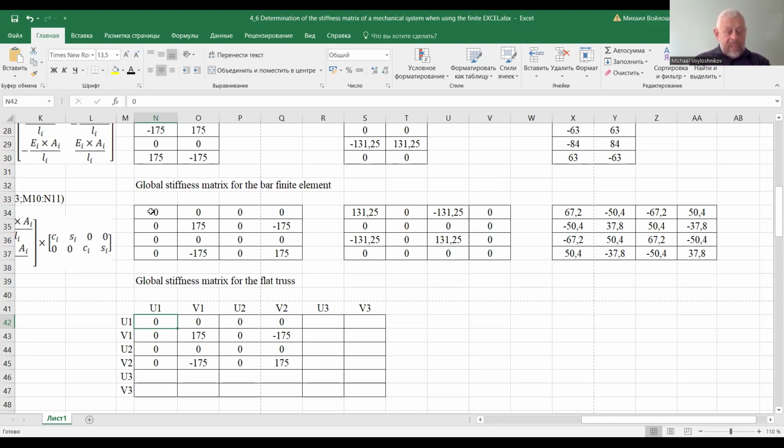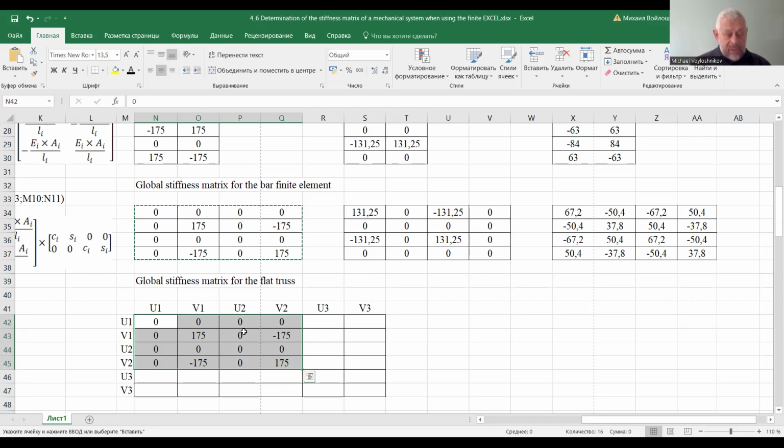And to do that, we can copy this matrix with Control C, and next we can select the range for inserting this matrix into the global stiffness matrix. For the flat truss, the range is indicated here for the first and the second nodes, because the first finite element is between the first and the second node.